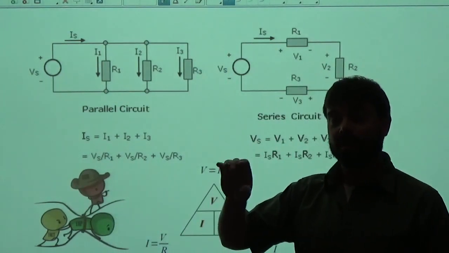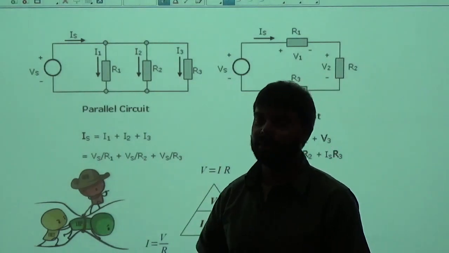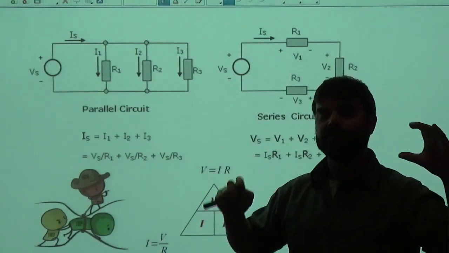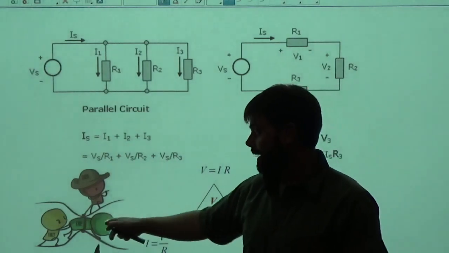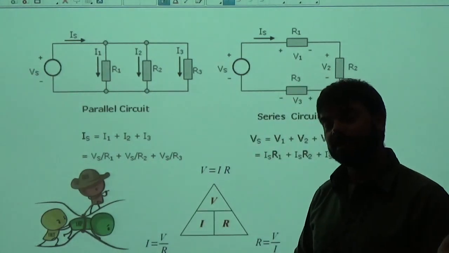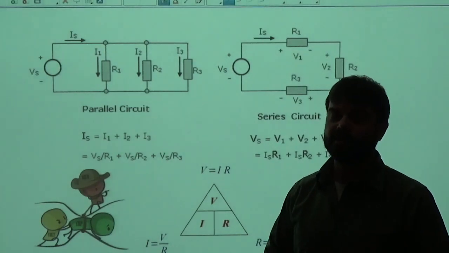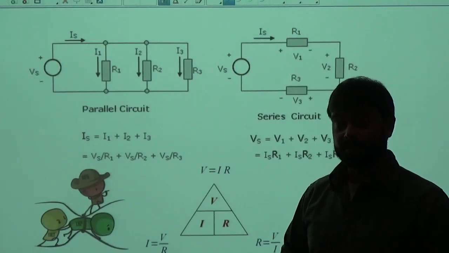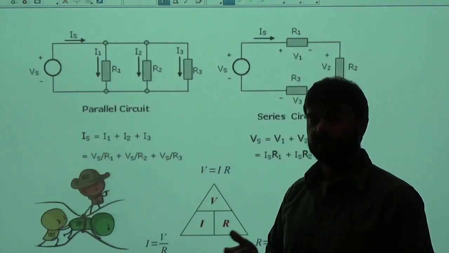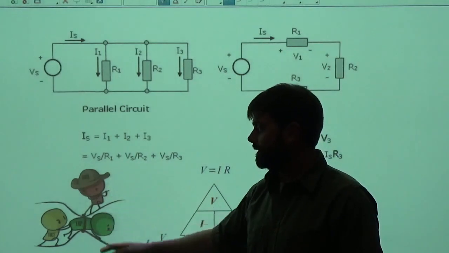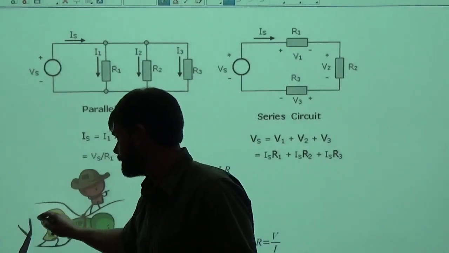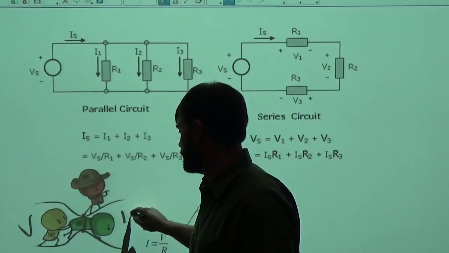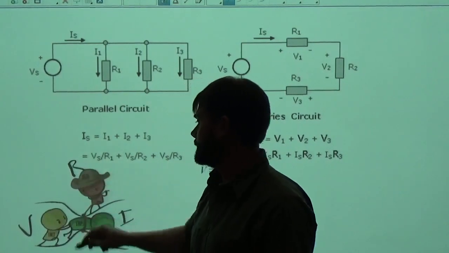So if you want to think of this like a hose, or down here in this diagram, they show it like a container of some sort, the voltage is trying to push through at a certain rate, and the rate at which it is flowing is known as the current. The faster something flows, the more current it would have. If it's not flowing as fast, it wouldn't have as much current. And then the ohm is known as the resistance. So this is the voltage here, this is the current pushing through, and then this is the resistance here.